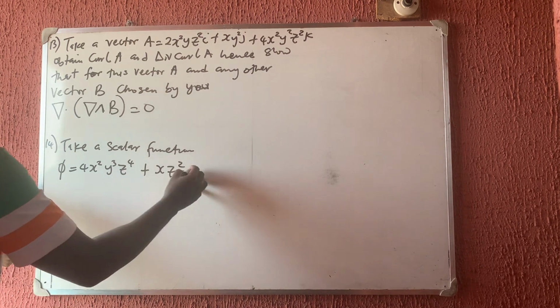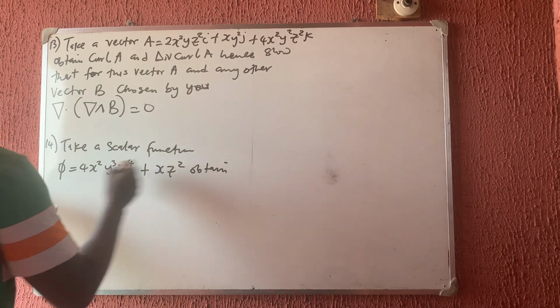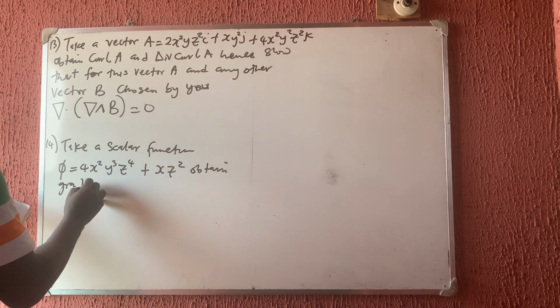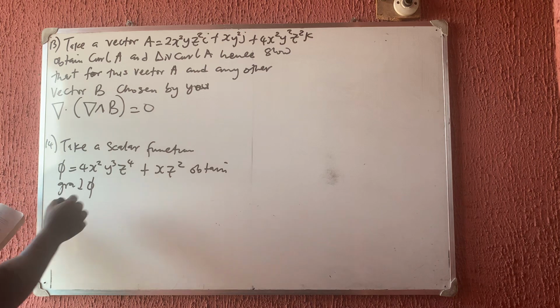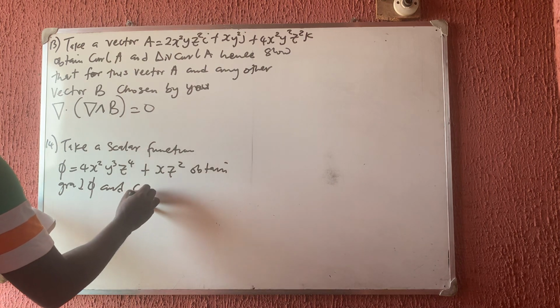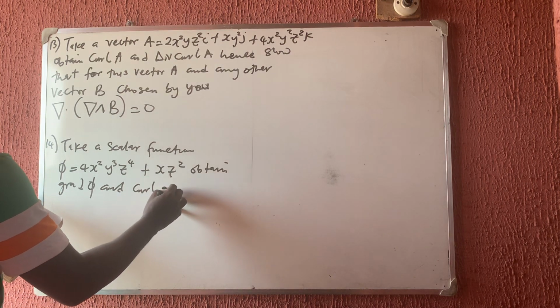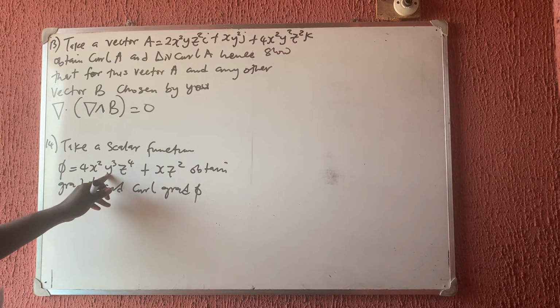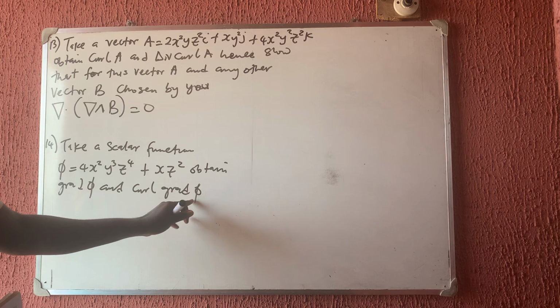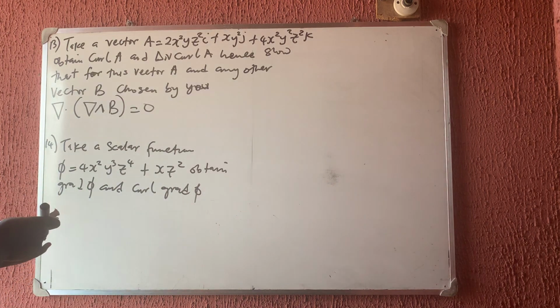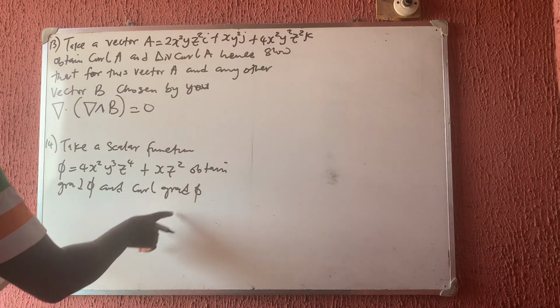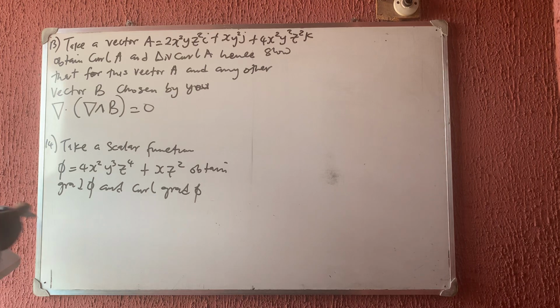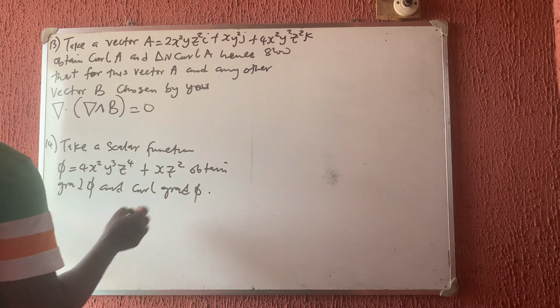Then obtain grad of this, I've done that before, and curl of that grad. You know that when you get grad of this, it's going to give you a vector. So curl of that vector, let's see what it's going to give us. That is the cross product, so it's going to give us another vector. So show what that will be.